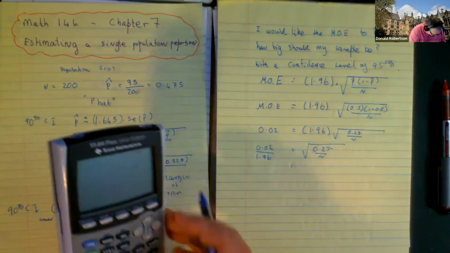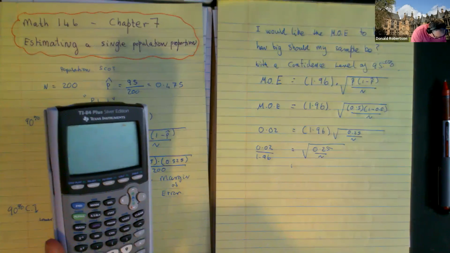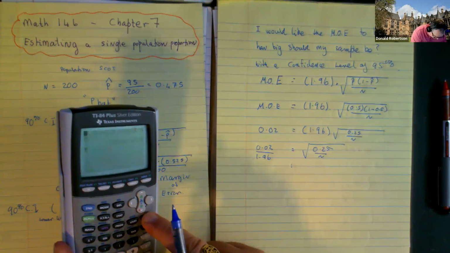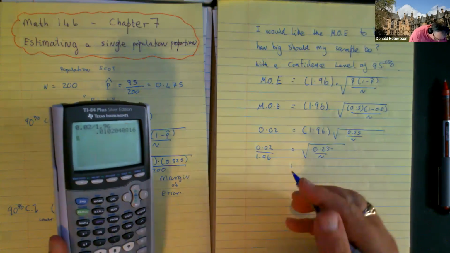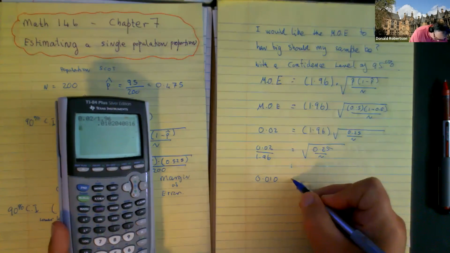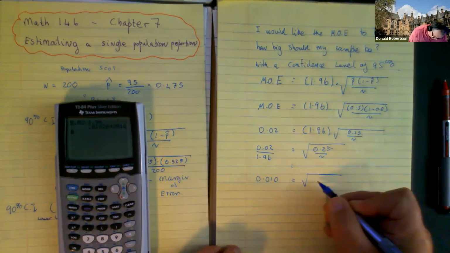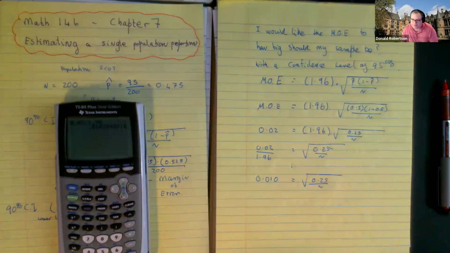So on my calculator, 0.02 divided by 1.96. And the answer I get is 0.010. And it has to equal this guy. And by the way, when I'm finished this, I'm going to show you another formula, but this is me showing you where it comes from.